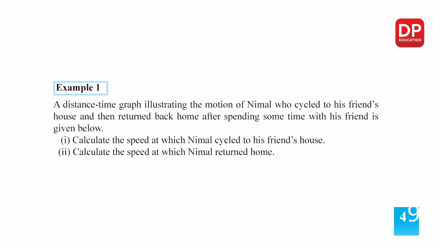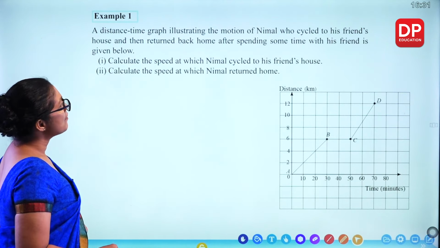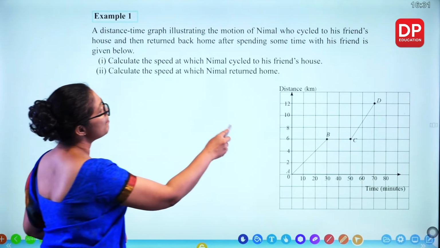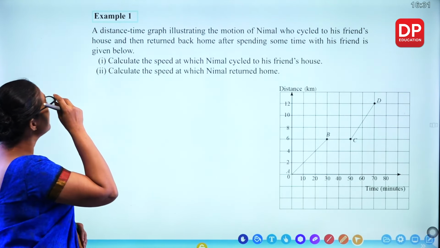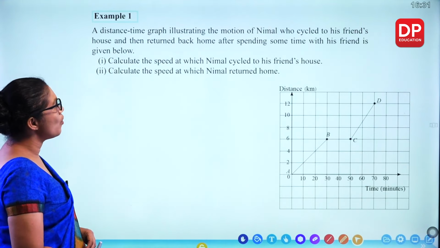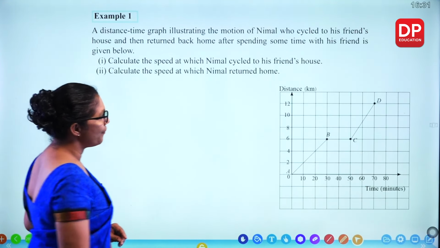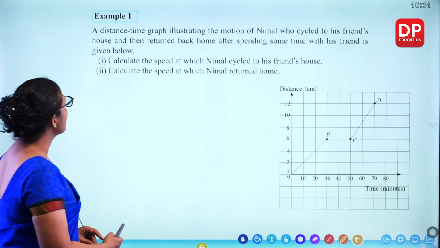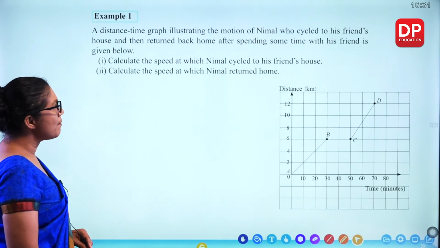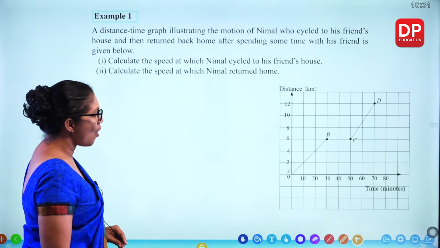We'll take example number 1. A distance time graph illustrating the motion of Nimal, who cycled to his friend's house and then returned back home after spending some time with his friend, is given below. So this is the graph. Calculate the speed at which Nimal cycled to his friend's house.